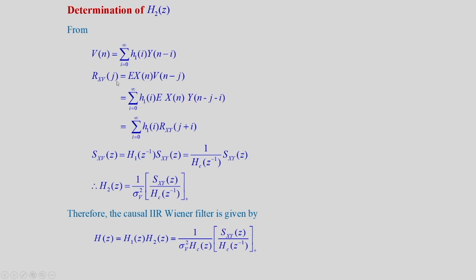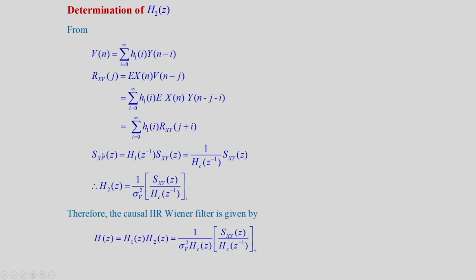So, therefore, rxv of j will be equal to summation h1i into E of xn into y of n minus j minus i, i going from 0 to infinity. That will be equal to summation h1i into rxy of j plus i, because E of xn into y of n minus j minus i will give me rxy of j plus i.